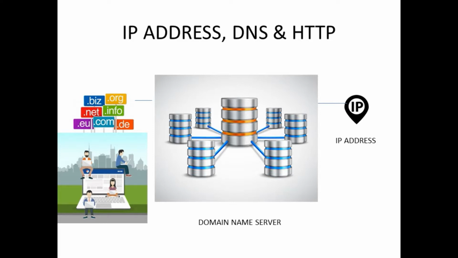Let us look at some more terminologies in BASIC which are in connection to this. They are domain name servers or DNS, IP address and HTTP. Now, each computer on the Internet is assigned a unique address called the IP address. An IP address looks something like this. If you look at this address, it is difficult to remember.